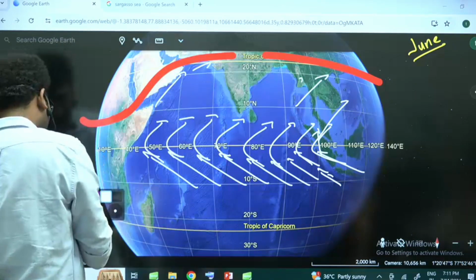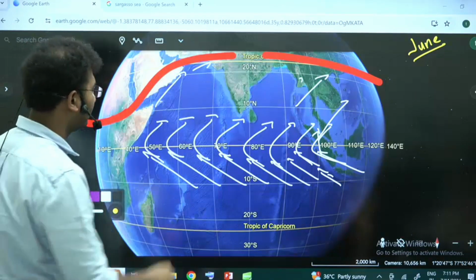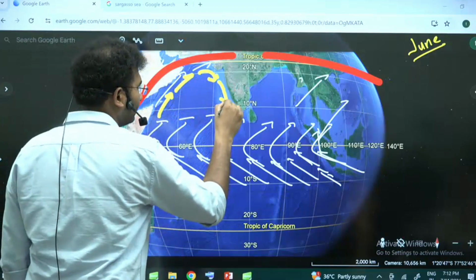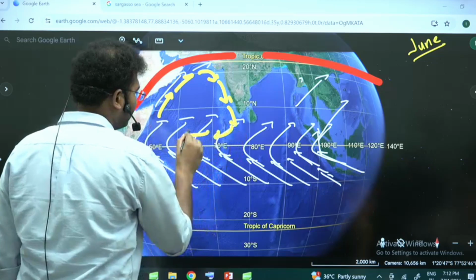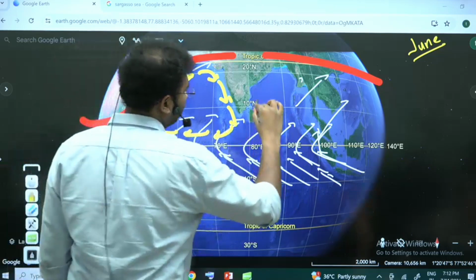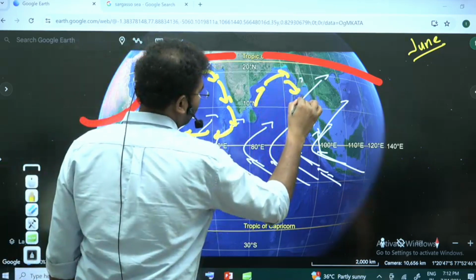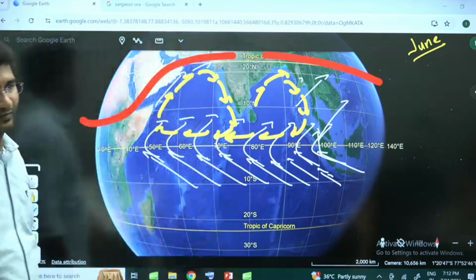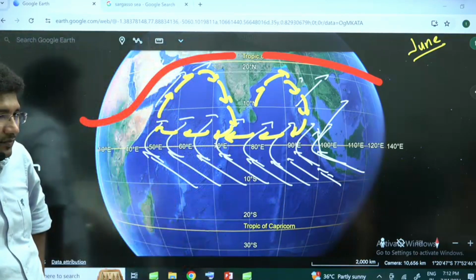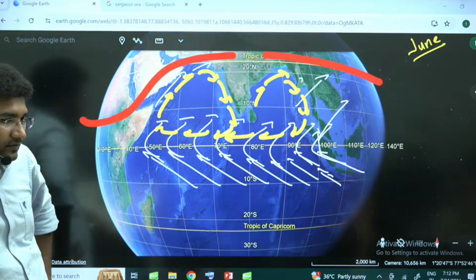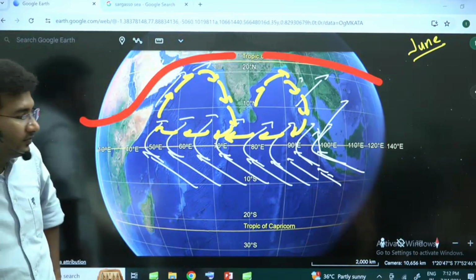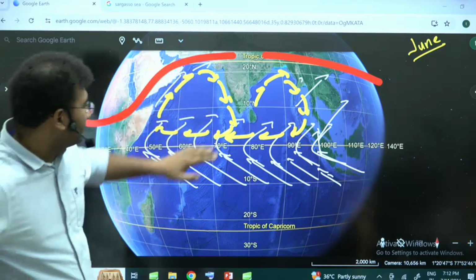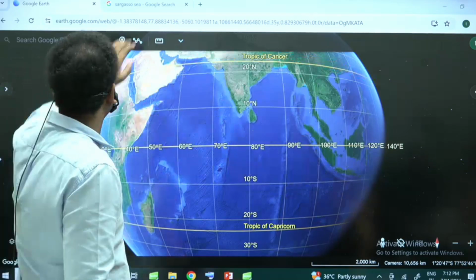Here, this is how your ocean water moves. I'm using a different color for the ocean water. Your ocean water, why? The winds are moving in this direction. So look here.